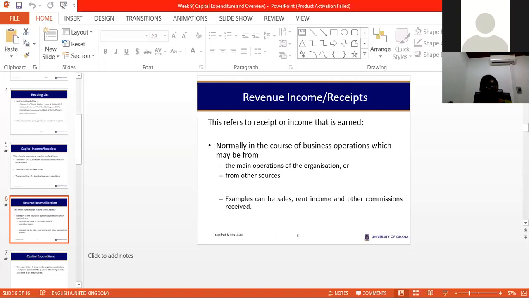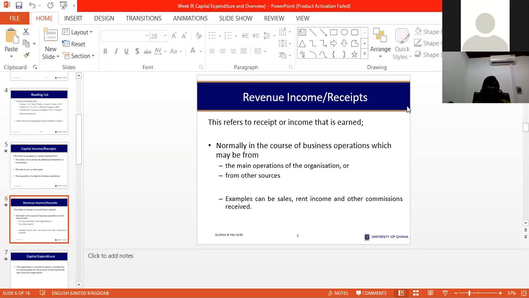So if you are dealing in the purchase and sale of water, then your main operation is purchase and sale of water. And so any income received from the selling of water will be considered as a revenue income or revenue receipts.